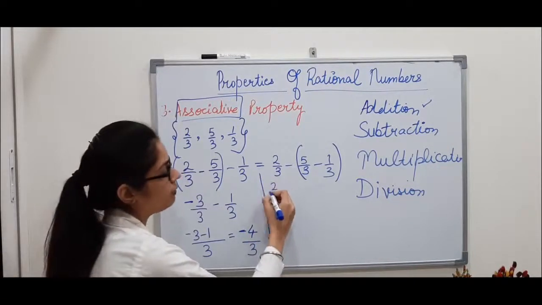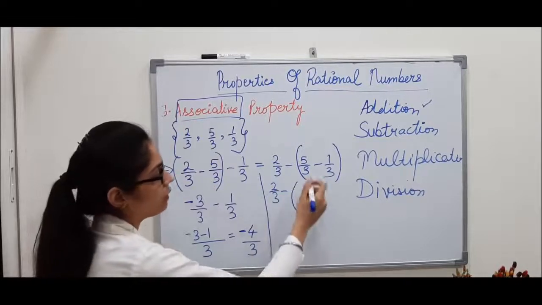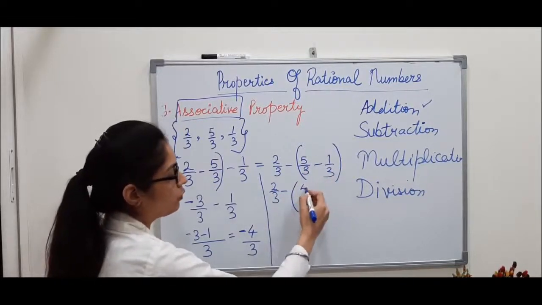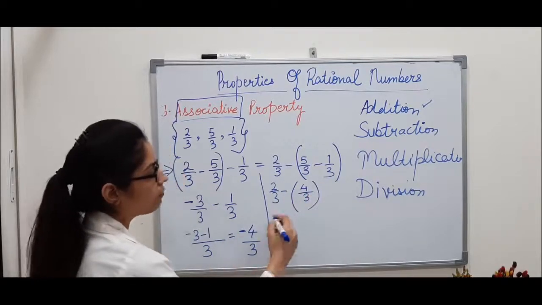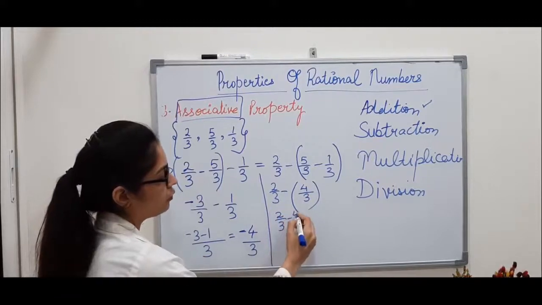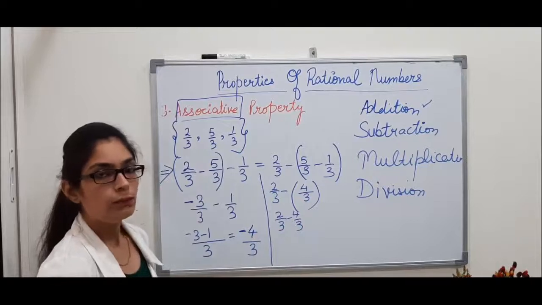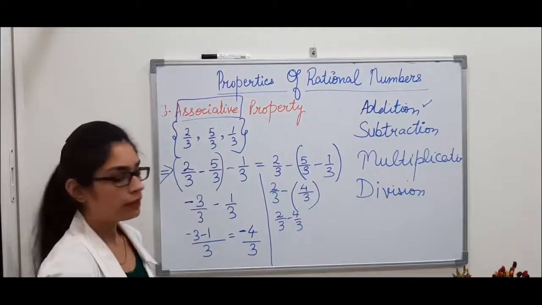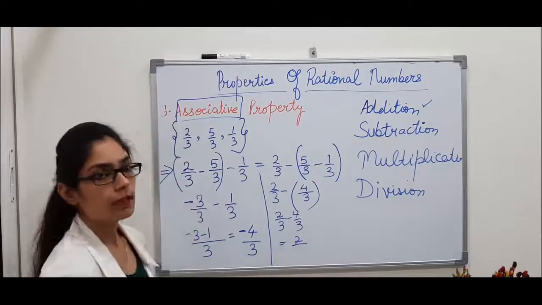2 by 3 I will write as it is because I have to solve the bracket first. 5 minus 1 is 4. 3 I will write as it is. Now I will open the bracket. 2 by 3 minus 4 by 3. 2 minus 4, plus minus is minus. 4 minus 2 is 2, and the sign is that of the bigger number.